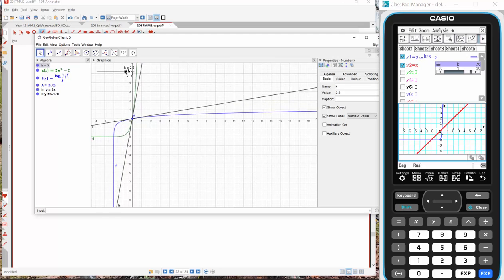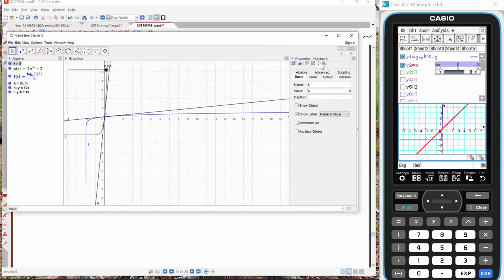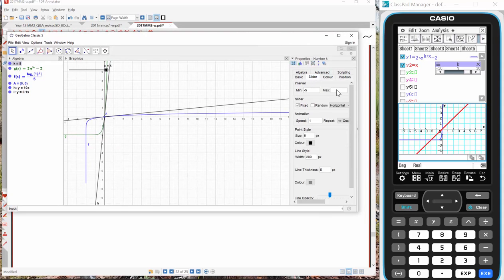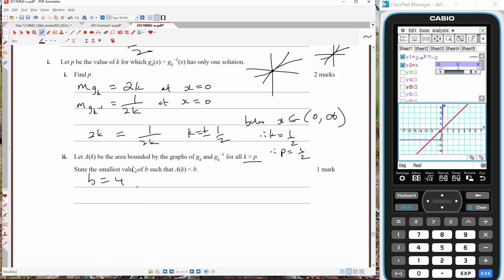Let's let it approach. There's k equals 5. Let's send it up to 100. You can see here, basically as it approaches 100, or even larger, you're just going to get a square. And we want the smallest value of b. All right, so there it is there. A couple of really tricky problems to finish up with.